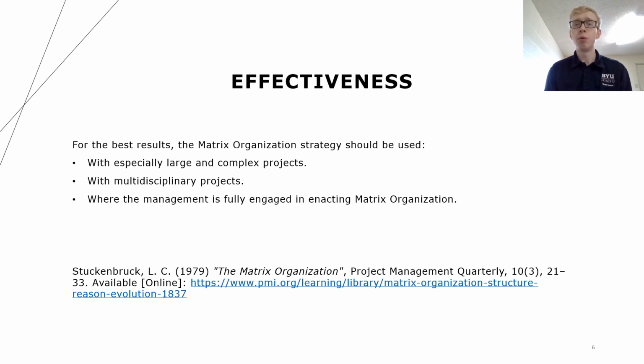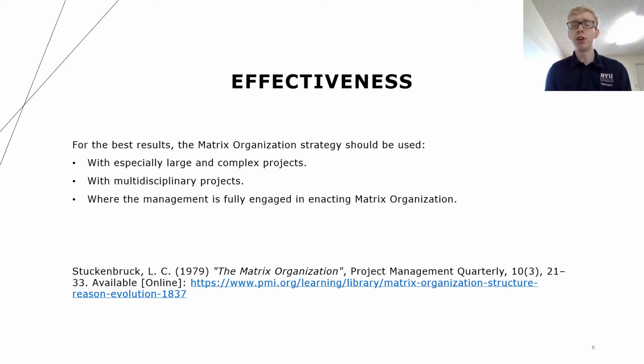Second, it's important that the project is multidisciplinary. The matrix organization likes to place developers into teams based on their disciplines as well as what area of the program they're working on. If the project isn't multidisciplinary, then the matrix organization simply won't work well.